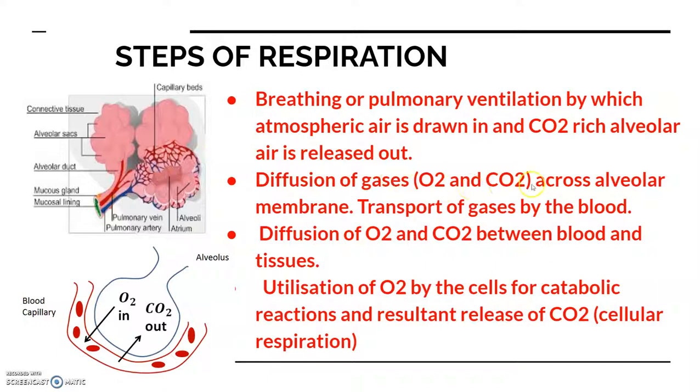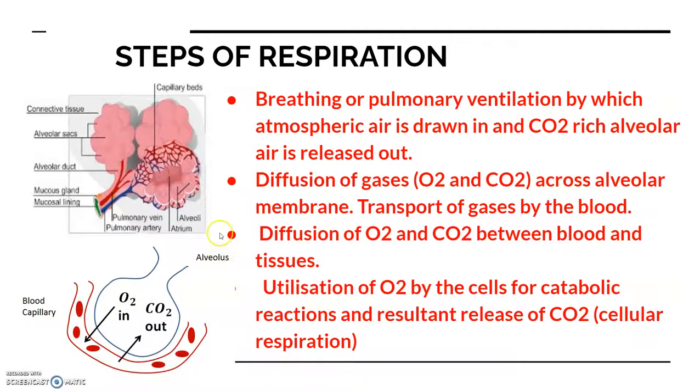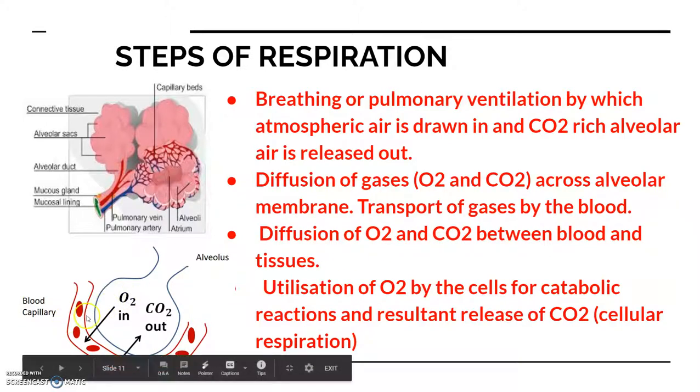Then there is diffusion of oxygen and carbon dioxide across the alveolar membrane, and transport of gases by the blood. These are the blood capillaries where you can see how the oxygen and carbon dioxide are being exchanged. Then comes diffusion of oxygen and carbon dioxide between the blood and the tissues. This is how it happens.